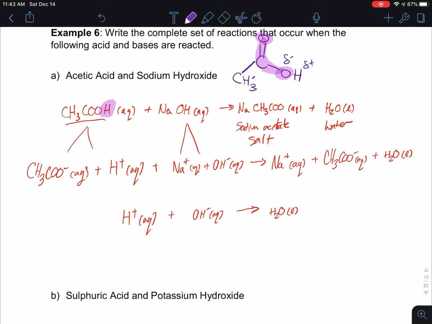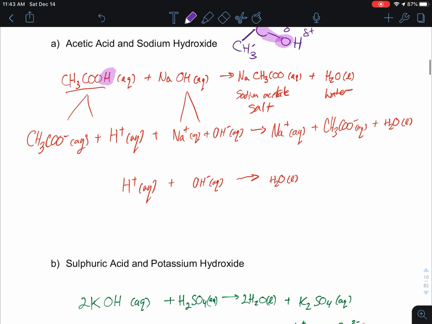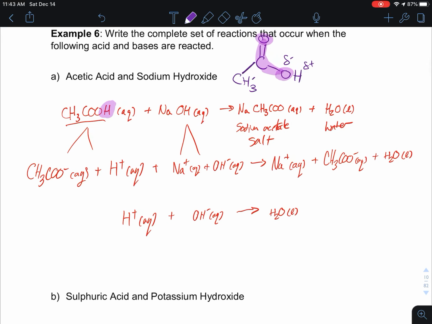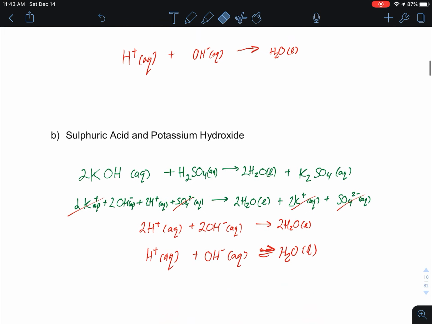So that hydrogen is ready to fall off, and as soon as it finds somebody else with a little bit more attraction, it's going to leave and go join them. And that might even just be a water nearby. Even a water that's nearby has a little bit more electron density for it, and so the electron density on this oxygen can actually stretch out and steal the hydrogen away. And that's essentially how that acidic reaction happens.